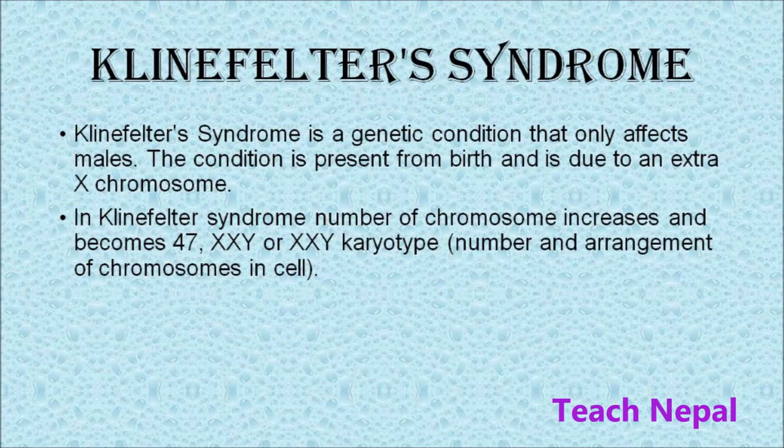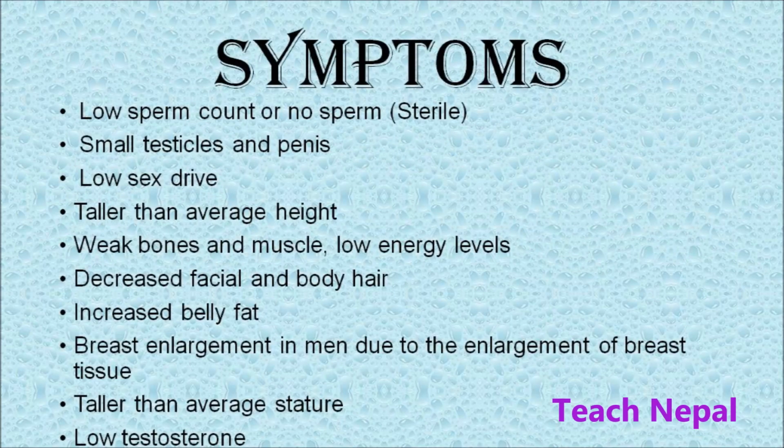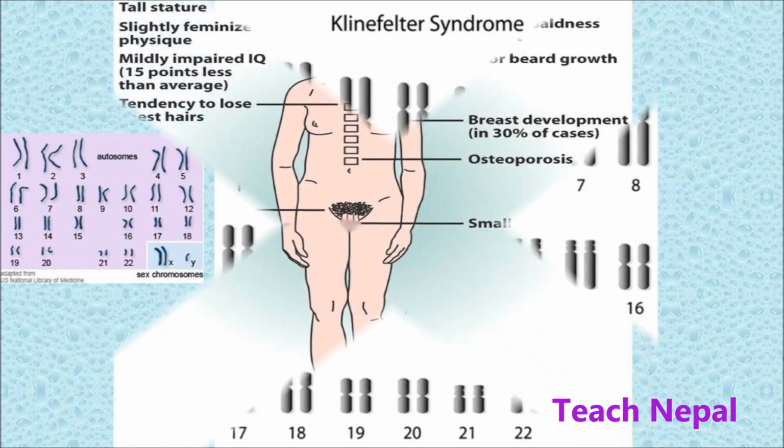In males, some reproductive problems are seen, like low sperm count, small testicles and penis, low sex drive, taller than average height, weak bones, more belly fat, and low testosterone level. These are the symptoms of Klinefelter syndrome.